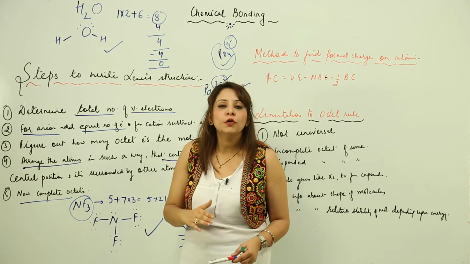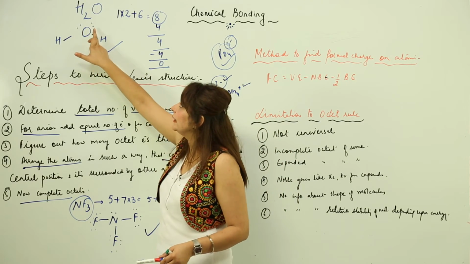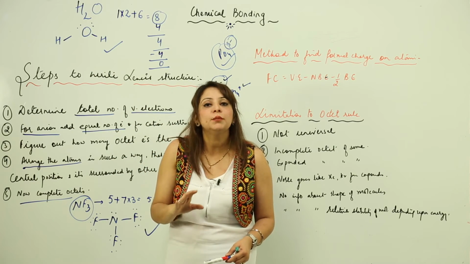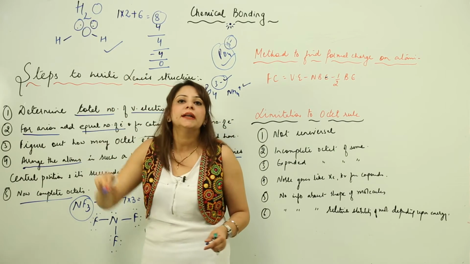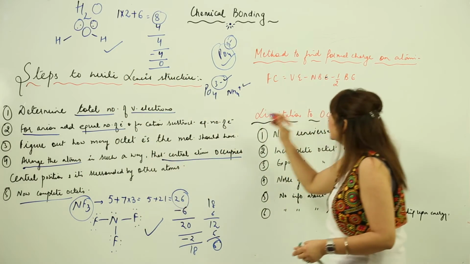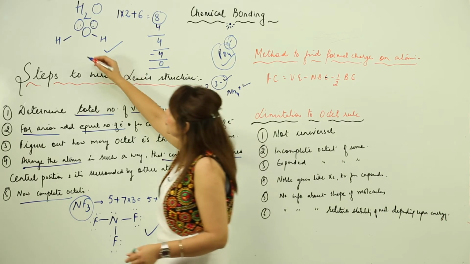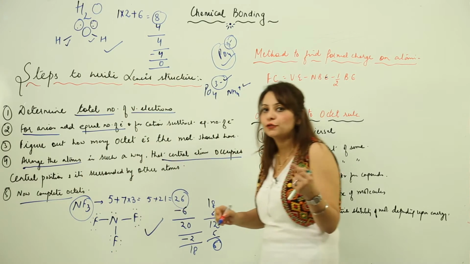But when I talk of non-bonding electrons, I can see in this structure that these two electrons have not participated in the bond formation. So these are my non-bonded electrons. I am going to put the value of this here, right? And my bonded electrons are those it has used in making bonds, this and this. Likewise, we are going to find the charge.